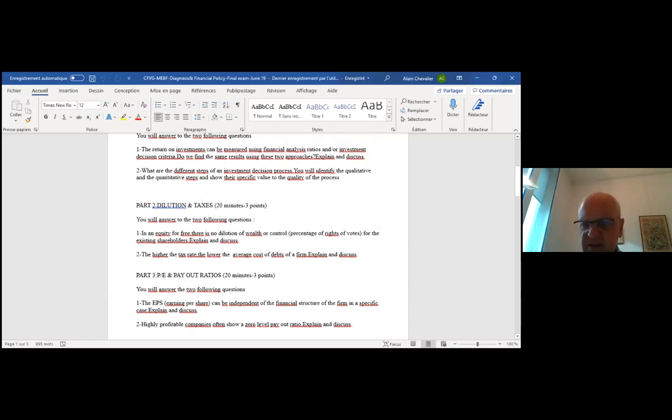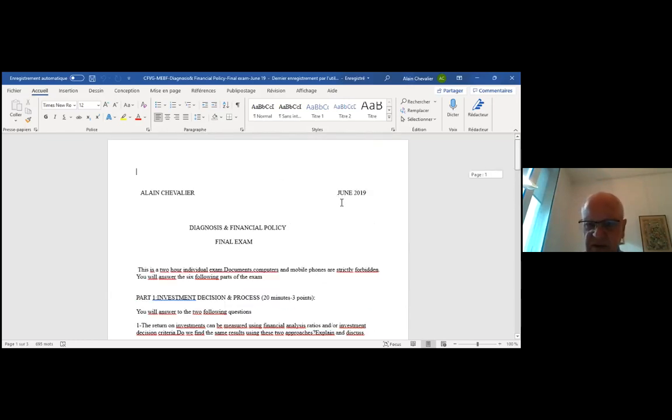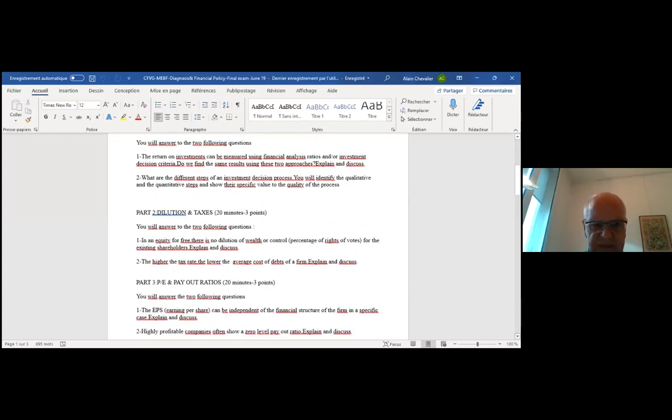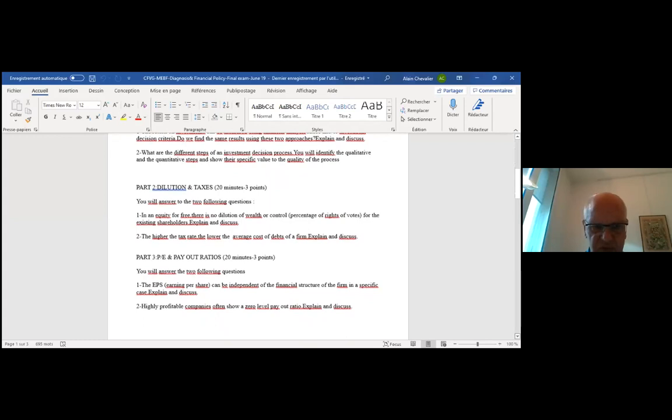You see that on the top of the sheet on the right side, June 19, and it is part 2, question 2. And the question is a very simple and short question on the tax rate. It is: the higher the tax rate, the lower the average cost of debt. Explain and discuss. And it seems to be a very simple question and just a calculation, and that's what we did.